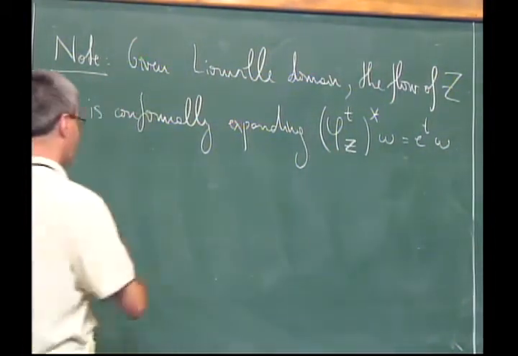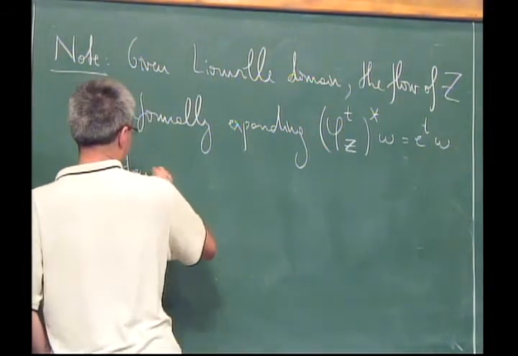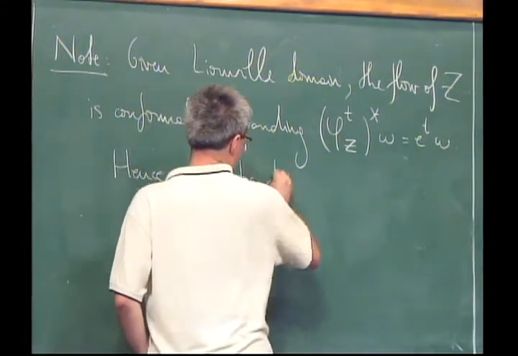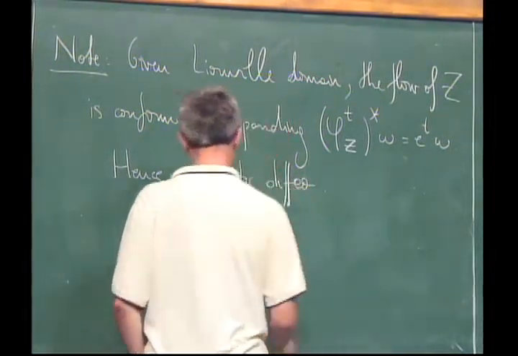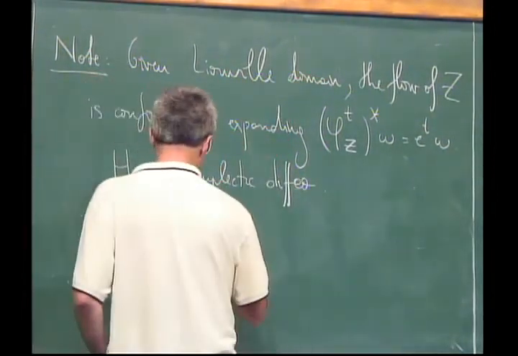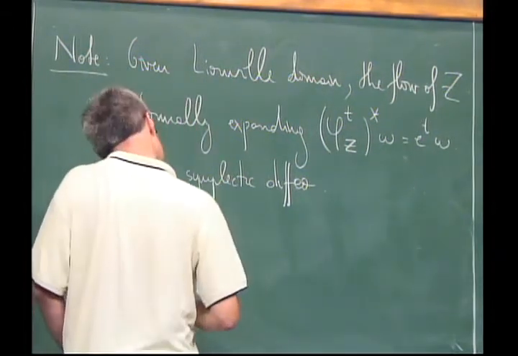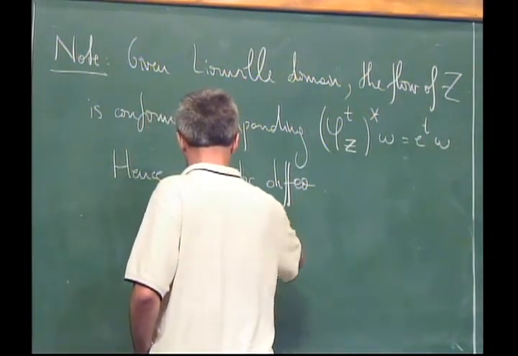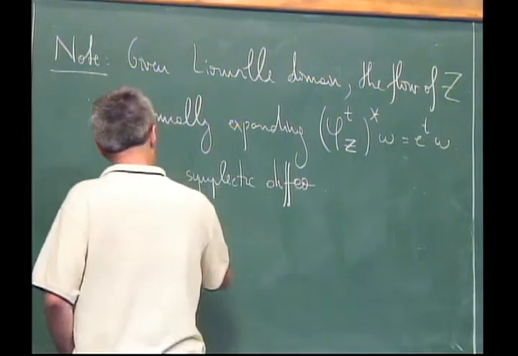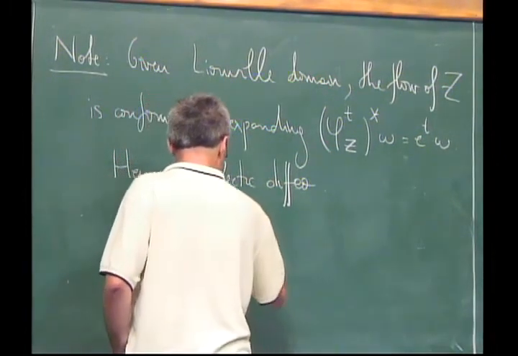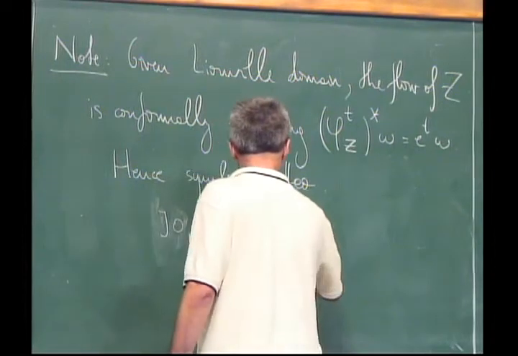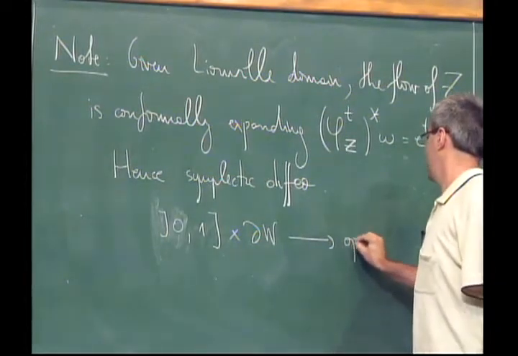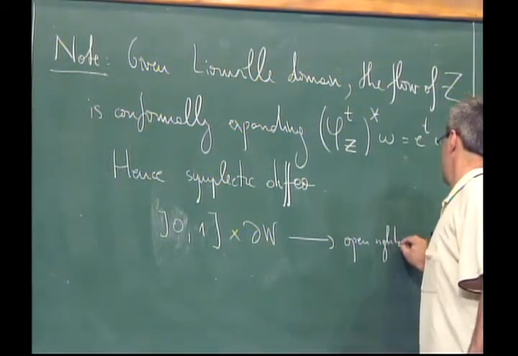And therefore, I get a symplectic diffeomorphism from, say, (0,1] times the boundary to an open neighborhood of the boundary.